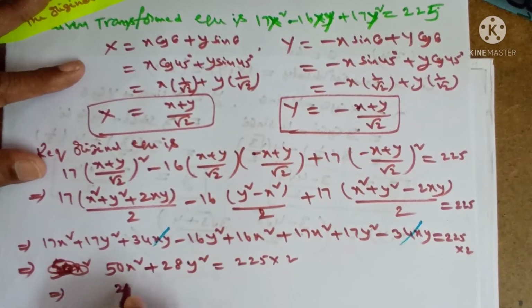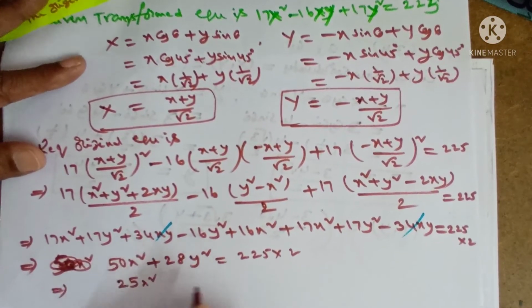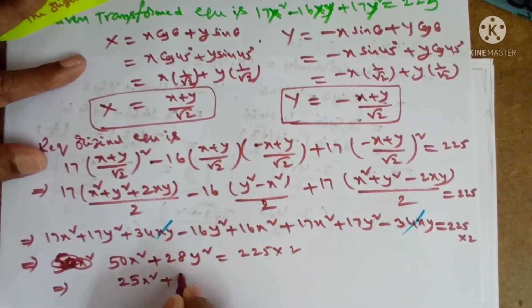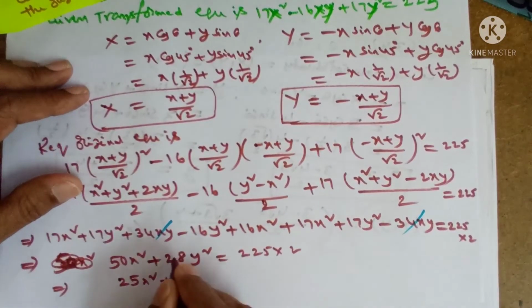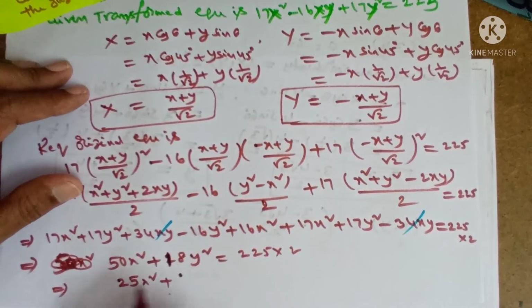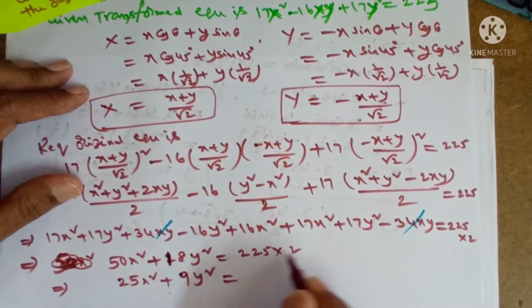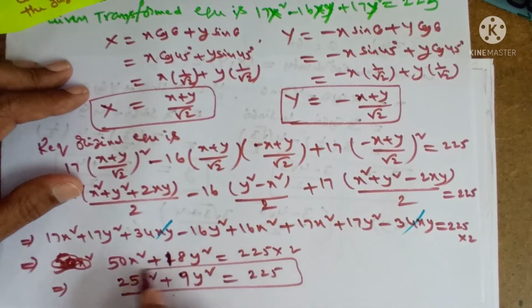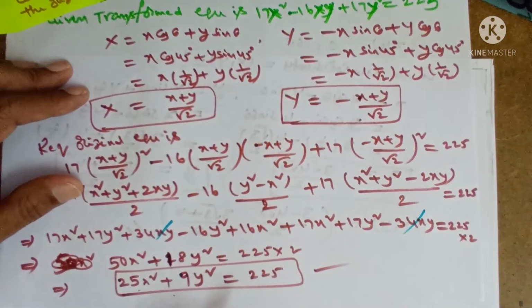This is 25x square. This is 18, 17, 17, 34 minus 16, 18. After 2 common, 25x square plus 9y square, 2 cancel, is equal to 225. This is the final answer.